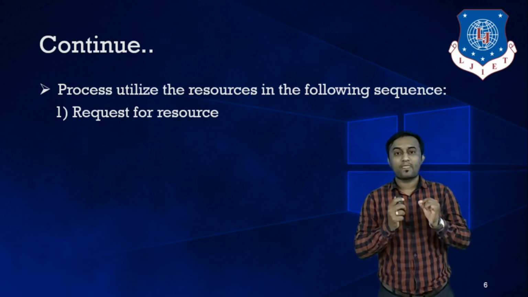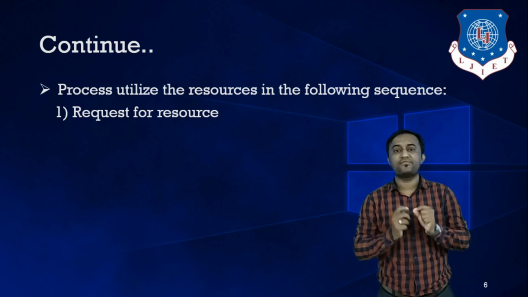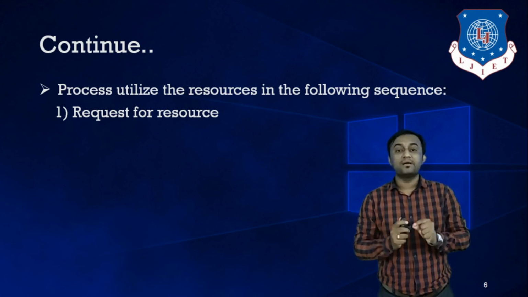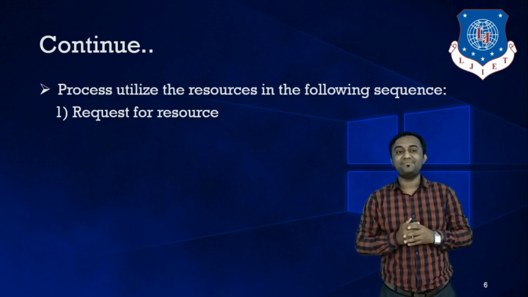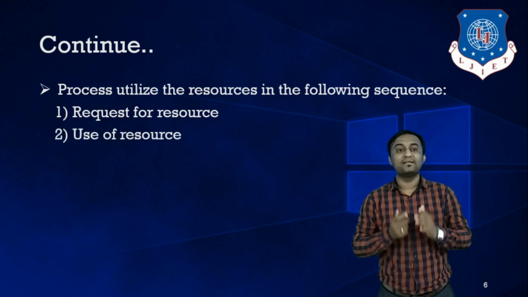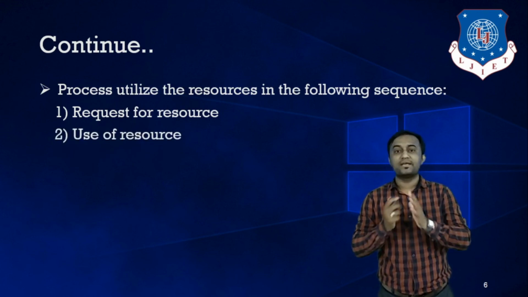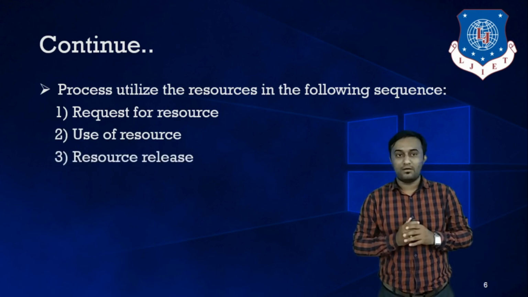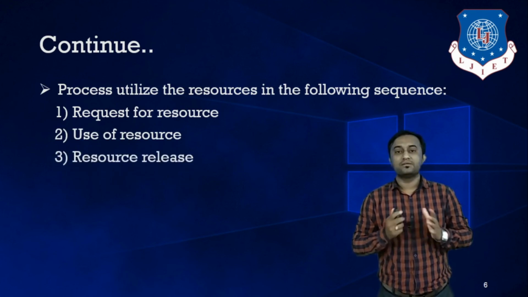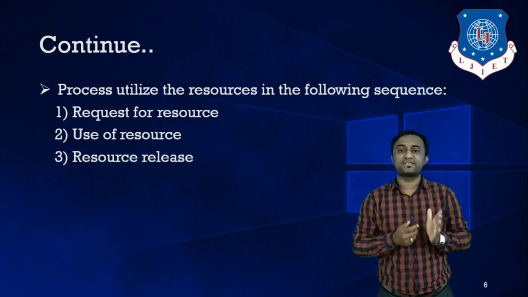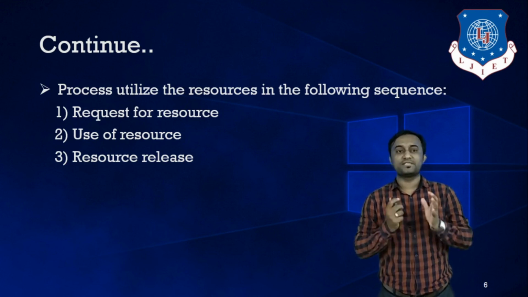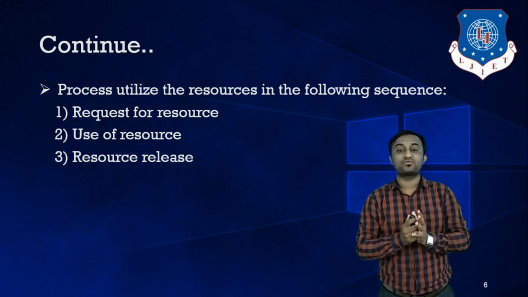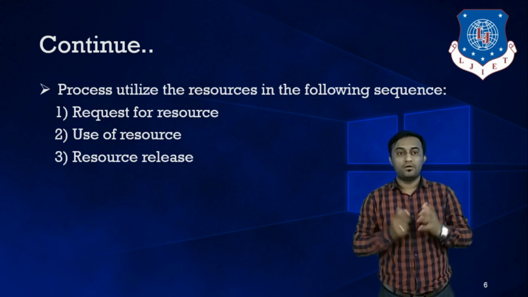If the resource is free at that point of time, the request will be granted to that process. Once it is granted, the process can use that resource, and once it has used it, the process needs to release that resource so that other processes can use it for their execution.